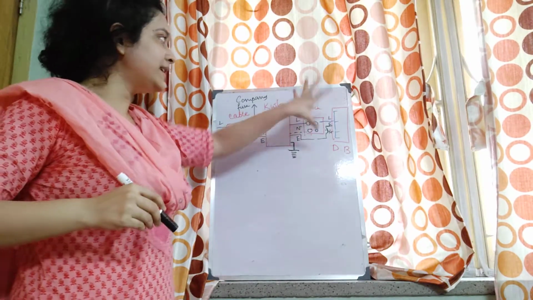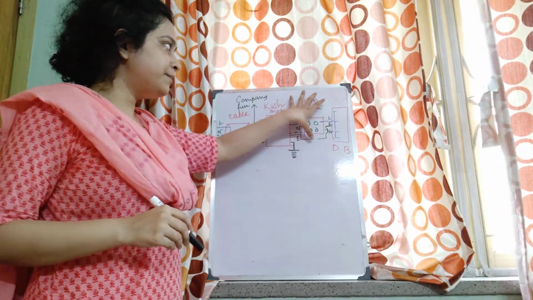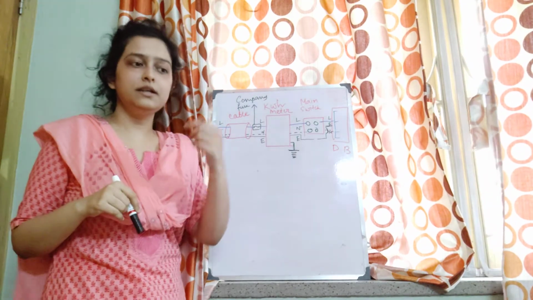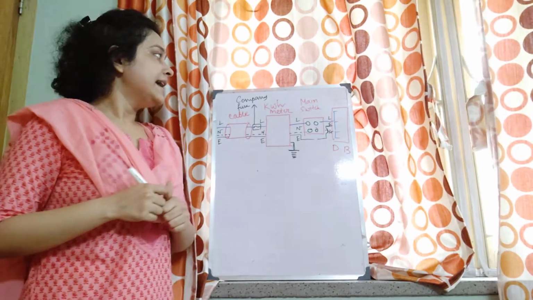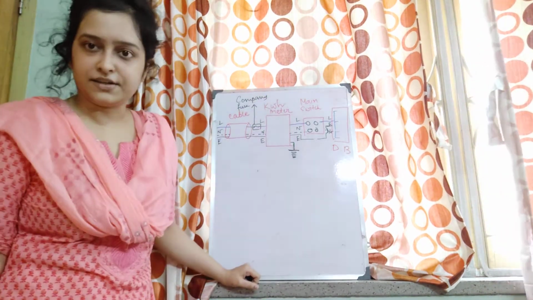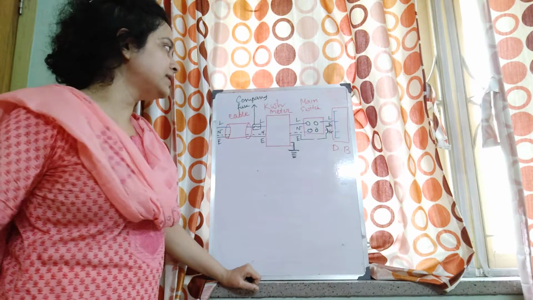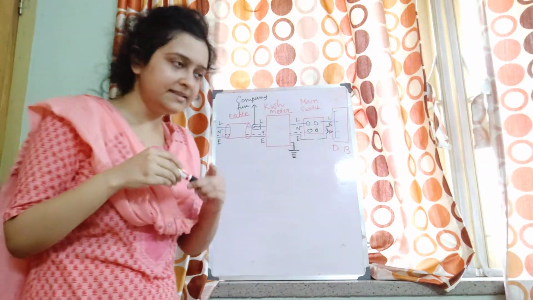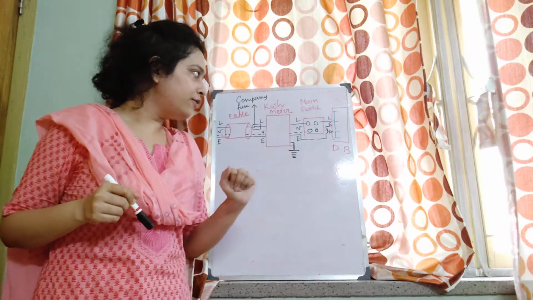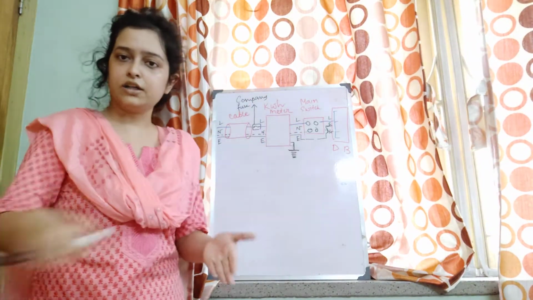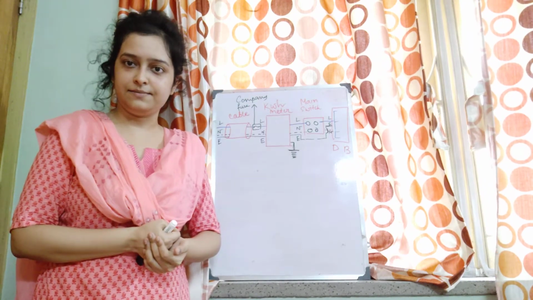This main switch is a type of switch which you will learn when we do switches. It has a certain advantage. The main switch, notice that it is connected with both live and neutral wire. That means if we switch it off, connections from both live and neutral wire are cut off simultaneously.